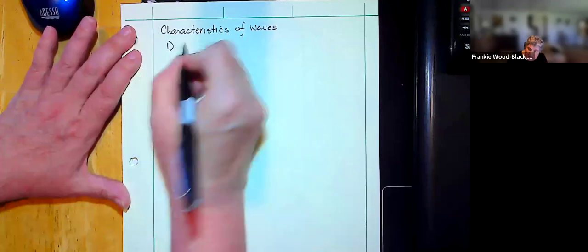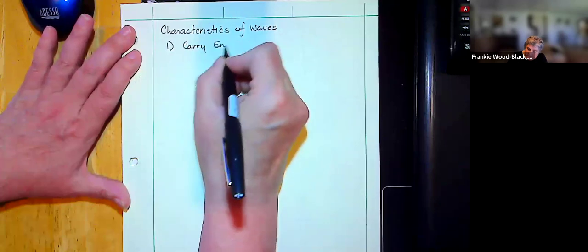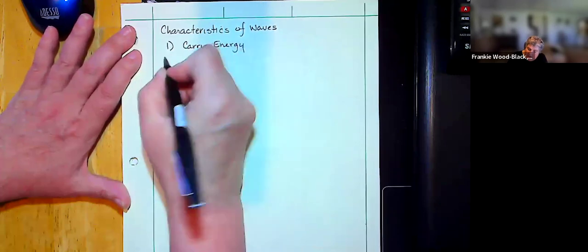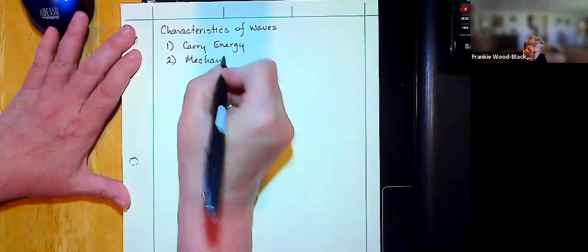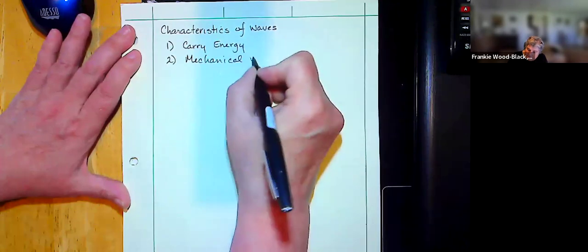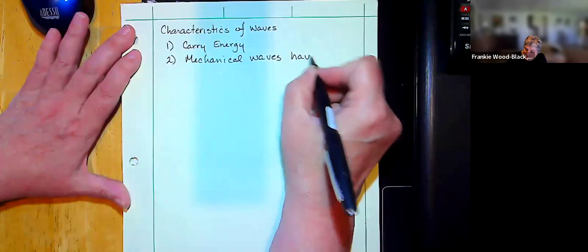One is that we said they carry energy. Mechanical waves have to have a medium.